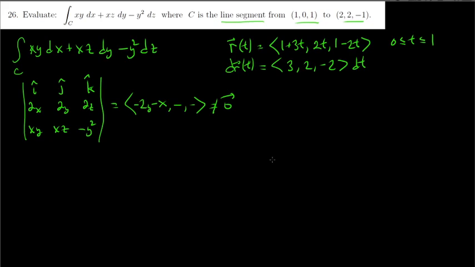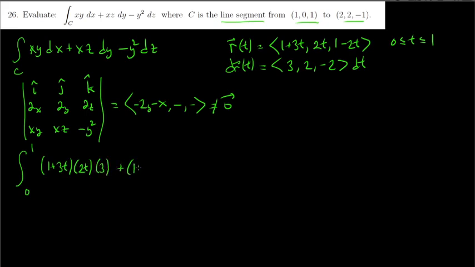For those of you who have had differential equations, you might notice the connection between exact differential forms and conservative vector fields. Kind of the same thing, right? Right, so yeah, we have to do this directly, right? All right, so definite integral from 0 to 1, x times y is 1 plus 3t times 2t, and then dx is just 3, right?